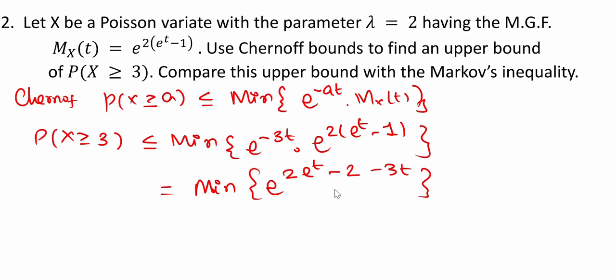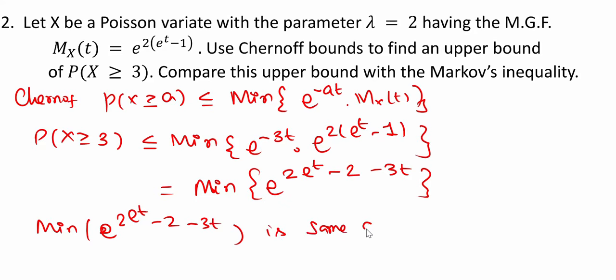Now minimizing this is the same as minimizing 2 e power t minus 2 minus 3t.